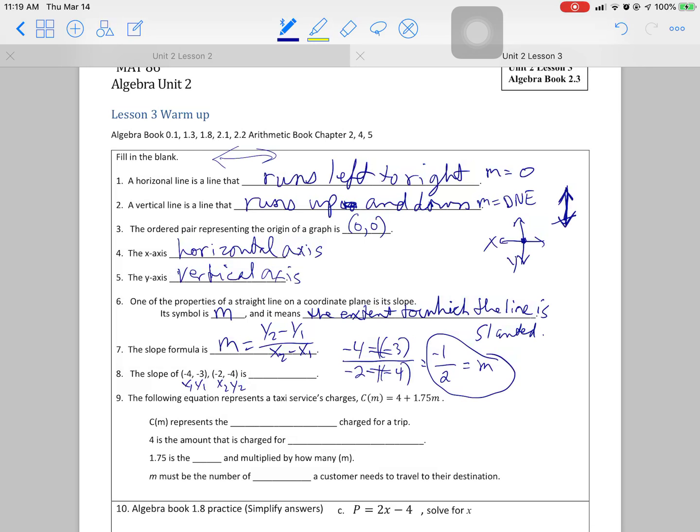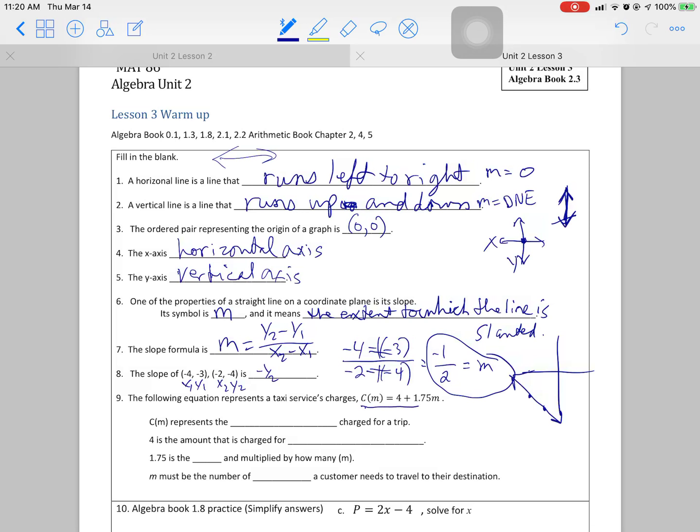It's a negative slope. If you want to visualize that, let's see, negative 4, negative 3 has got to be down here somewhere. Negative 2, negative 4 has got to be down here somewhere. So that kind of goes like that. That's not a bad way to check that it's supposed to be negative. Okay. It is. The answer is negative 1/2. All right.